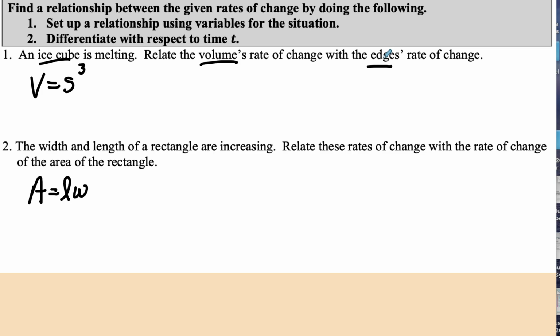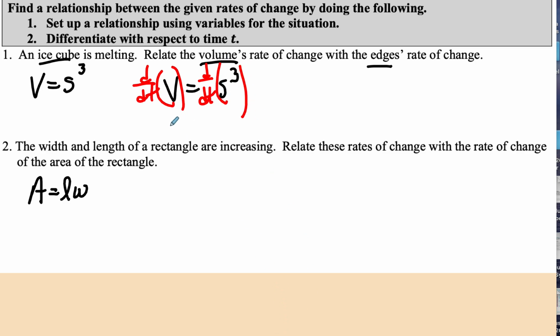So our first step is to set up a variable relationship, and a variable relationship for a cube, the volume of a cube, is V equals s cubed. So I'm going to rewrite it here. And then my next step is to take the derivative with respect to time. So this would be the derivative with respect to time on this side, derivative with respect to time, and this is called implicit differentiation.